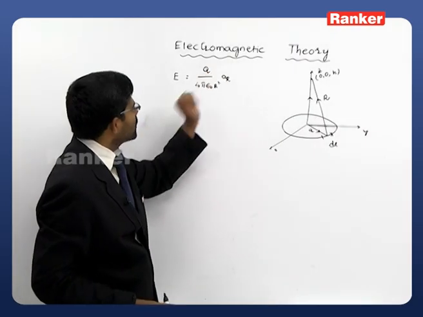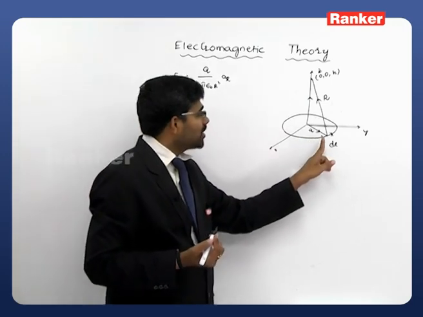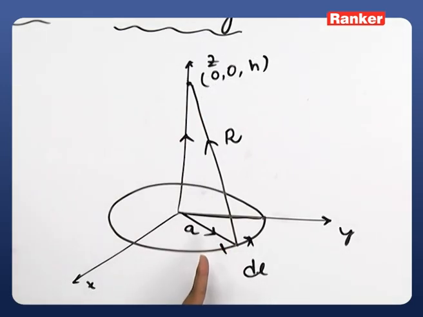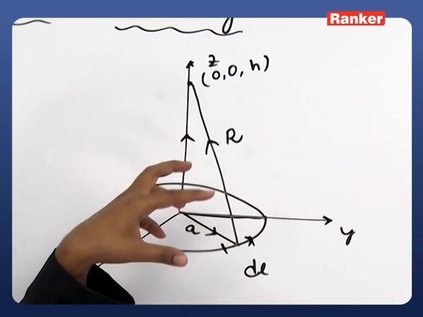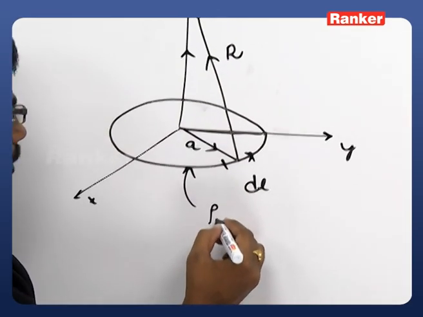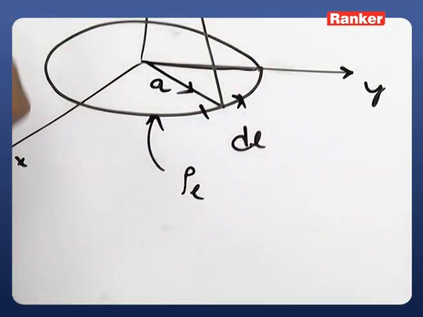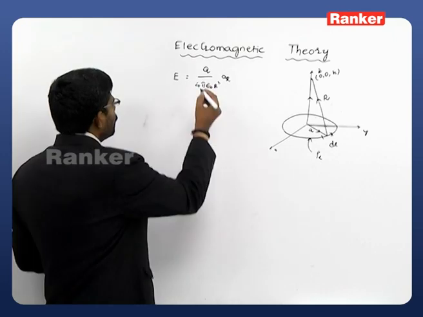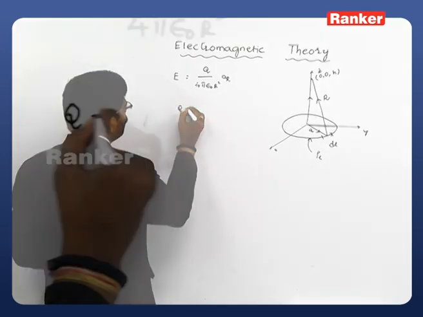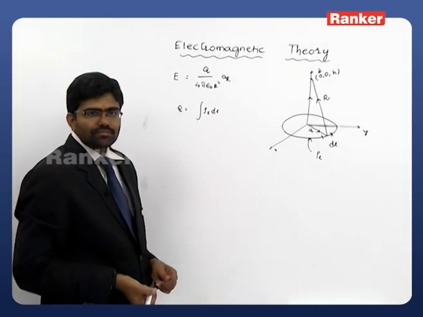First I will try to obtain the total charge. The total charge can be obtained from its charge density. It is not an absolute point charge, it is a line charge. Since it is a line charge, we need to consider the line charge density rho L. Using that rho L we calculate the total charge. So Q is equal to the integral of rho L dl.